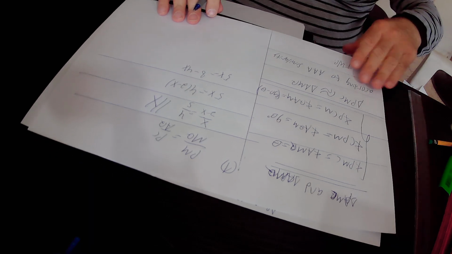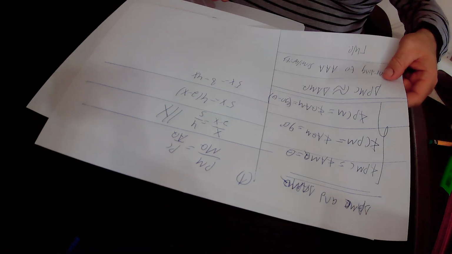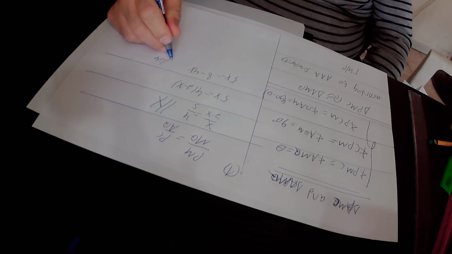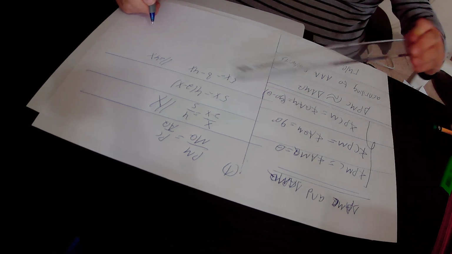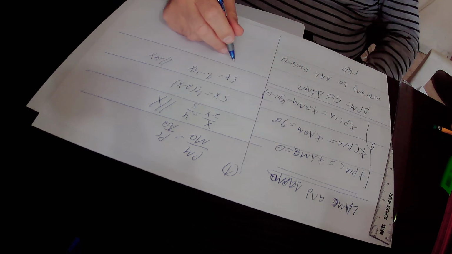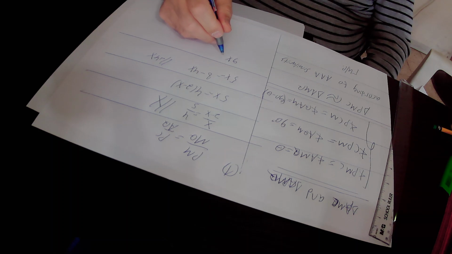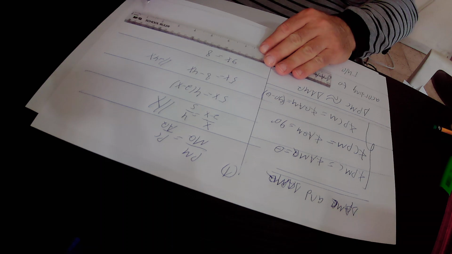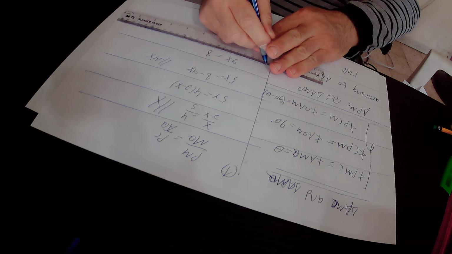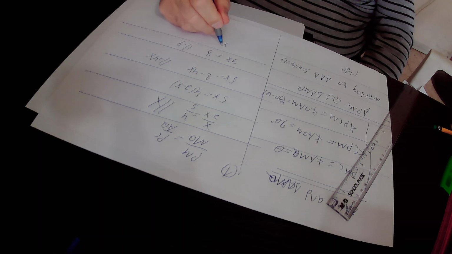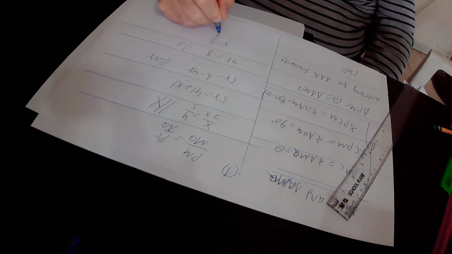So here we add 4x to the equation and we get that 5x plus 4x is 9x, equals 8. 9x equals 8. Here we will divide this equation by 9 and finally we get that x equals 8 over 9.